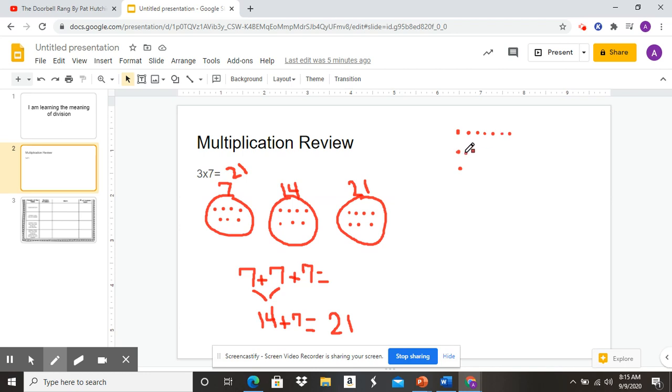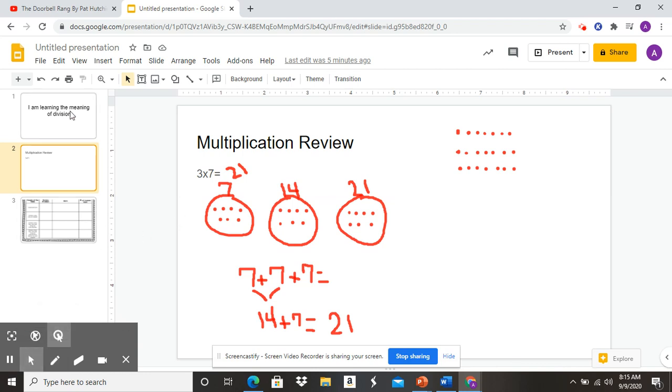Here's an array with 3 rows of 7. So your product is always going to be 21. I wanted to review those multiplication strategies because now we're going to move into division, which is the opposite of multiplication.